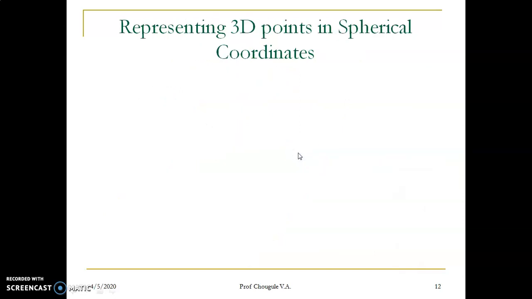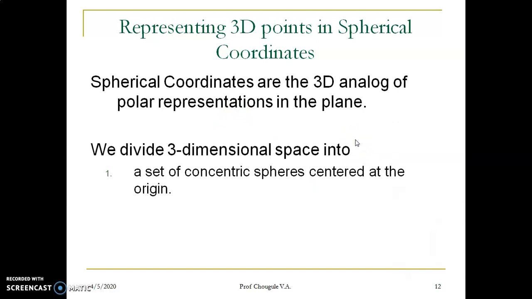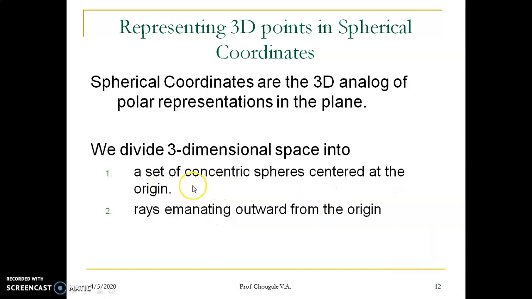Now the spherical polar coordinate system. In the spherical polar coordinate system, we have to consider a sphere. We divide three-dimensional space into a set of concentric spheres centered at the origin, with rays emerging outward from the origin.